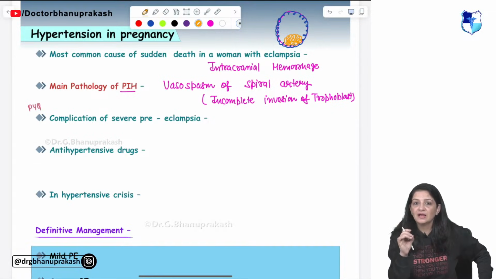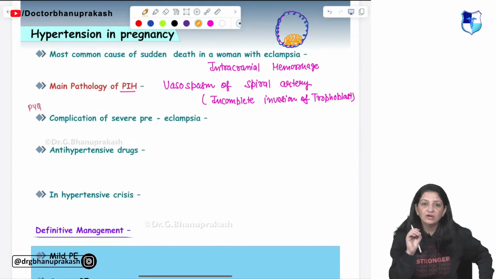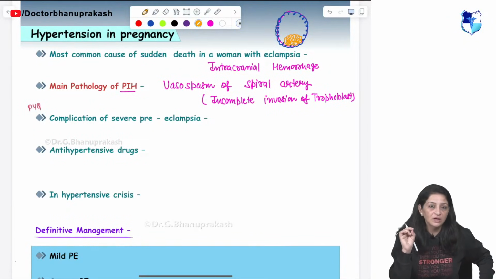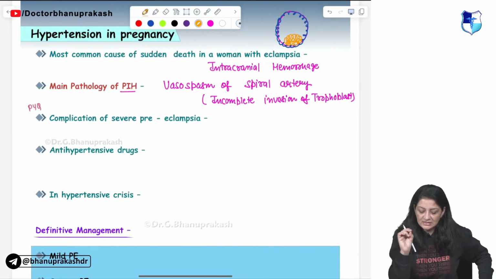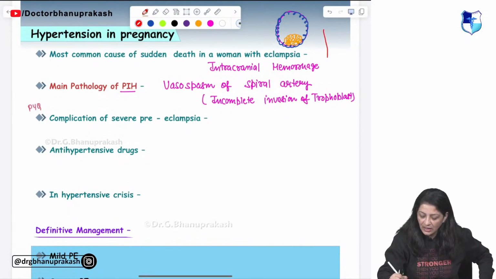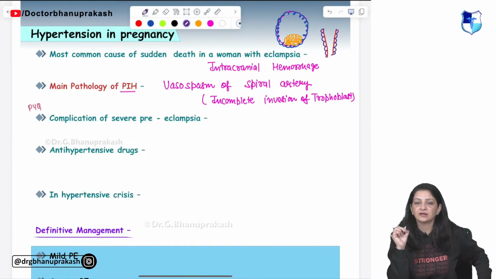So cytotrophoblast is further divided into villous and non-villous. So the villous trophoblasts are further divided into interstitial and endovascular trophoblast. So these endovascular trophoblasts invade the spiral artery. They will invade the spiral artery and replace the smooth muscle layer of the spiral artery.